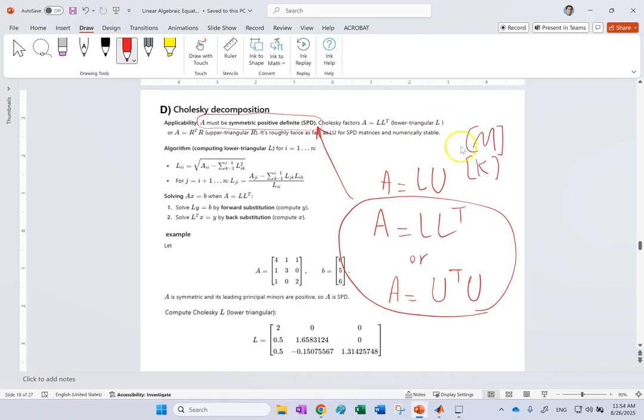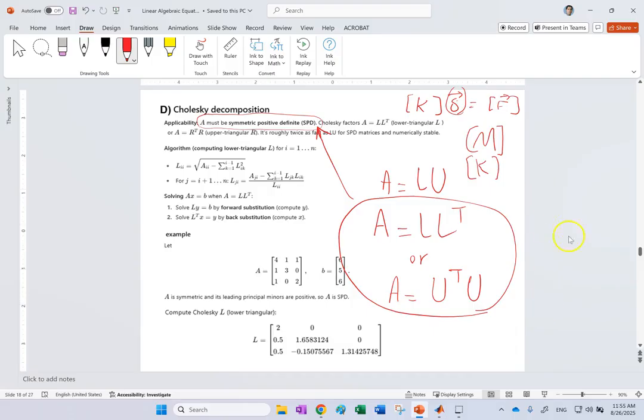So if I have a system of equations like, for instance, K times displacement equals force, then my coefficient matrix is symmetric positive definite. So if I want my displacements of the nodes, guess what? I can use Cholesky decomposition.